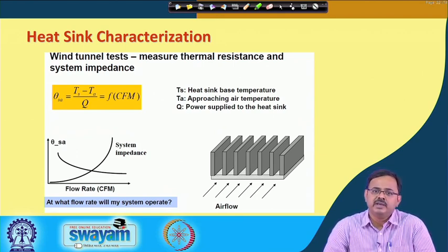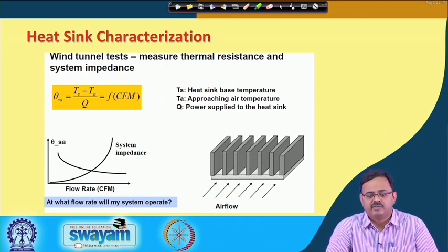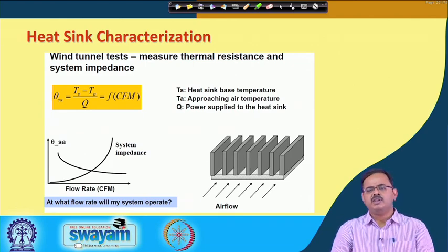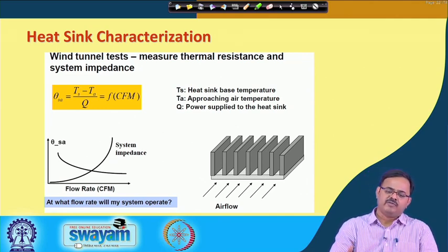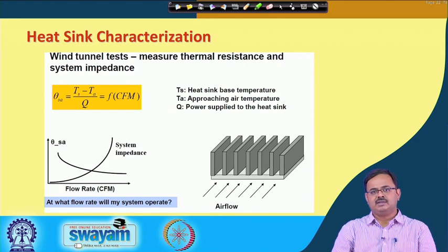Now, what is that going to be a function of? It is going to be a function of the flow rate. CFM is a loosely used term often used in the electronics industry. CFM stands for cubic feet per minute. Essentially, it is the volume flow rate of air through this heat sink.